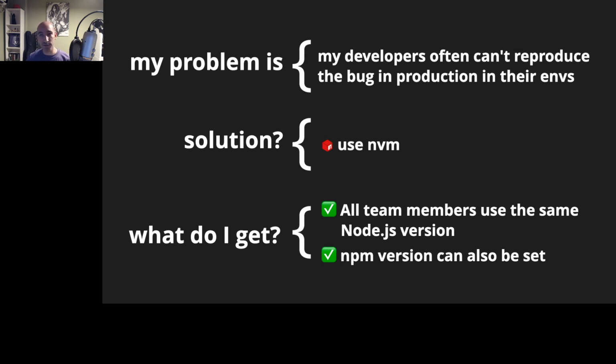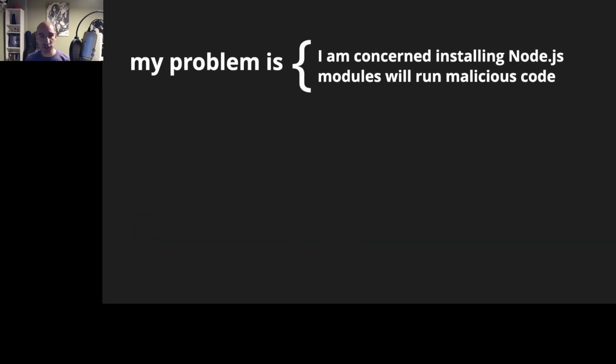NVM allows you not just to manage the versions on your local install and move between one and the other, but it also allows you to place a config file in a project, and when the developer has NVM installed, NVM will actually switch to the version that is specified in the manifest. So it's a very cool and easy way to make sure everyone is aligned on the same version of this extra tooling.